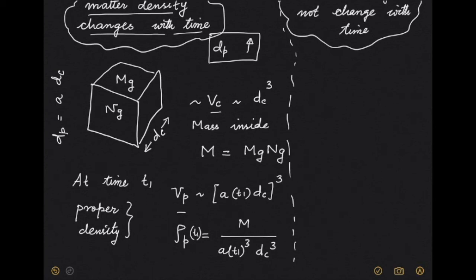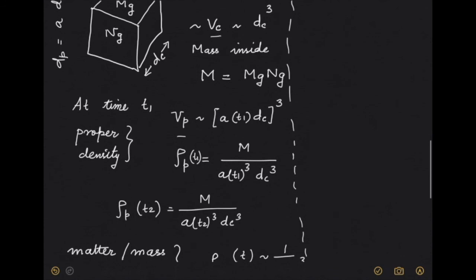What is the assumption behind this? The assumption is, of course, that we took the same mass in the two cases at the two times t1 and t2. We assume that the mass inside this comoving volume doesn't change as the time changes.